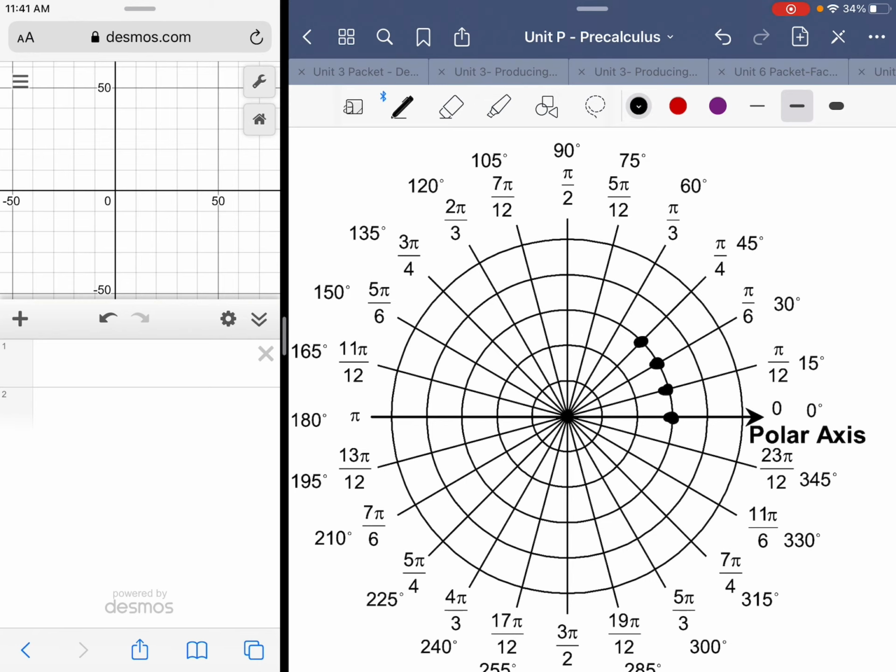But if you start plotting points, 1, 2, 3, all the way around, there are different ways in which you can plot these points, and it has to do with the step.